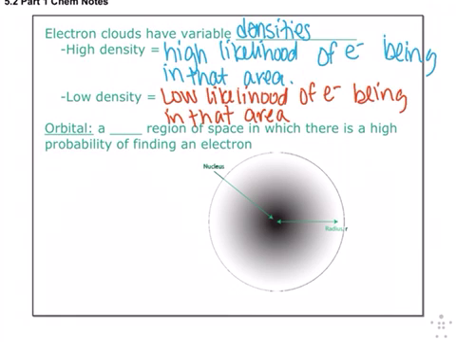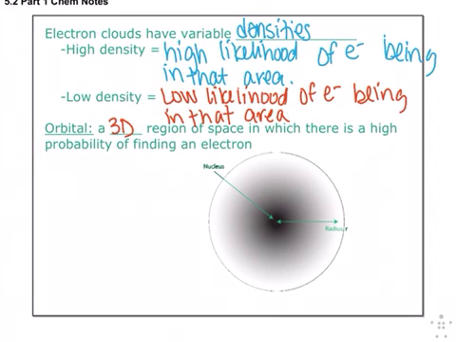So instead of calling the location of electrons orbits, they now say orbital, which refers to a 3-dimensional region of space in which there is a high probability of finding an electron.